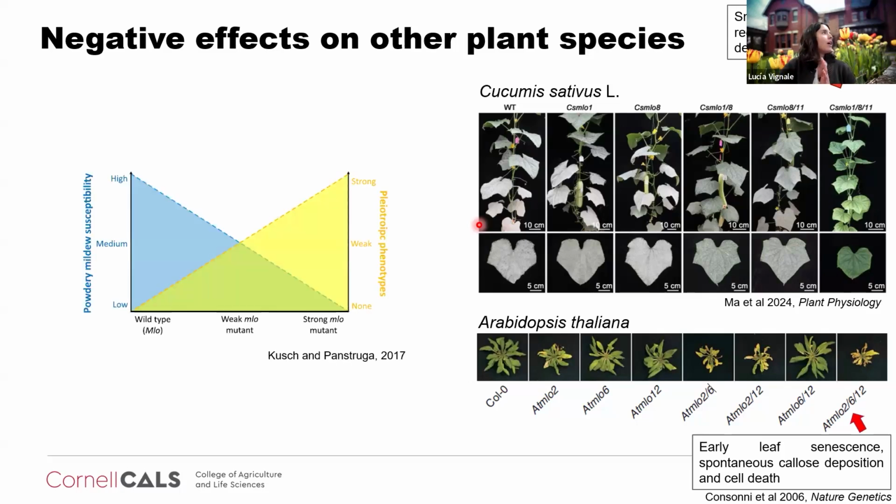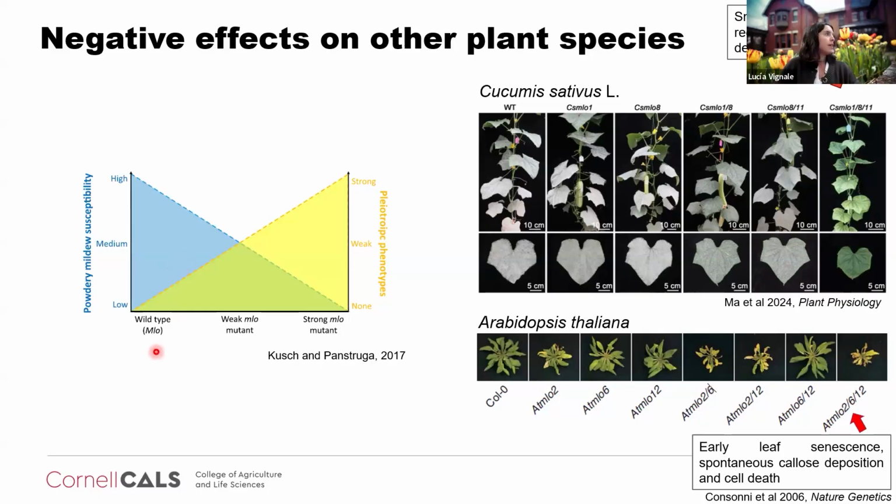Also, Kusch and Panstruga made this figure years ago, and they are representing the type of MLO mutant with the powdery mildew susceptibility and possible pleiotropic phenotypes.